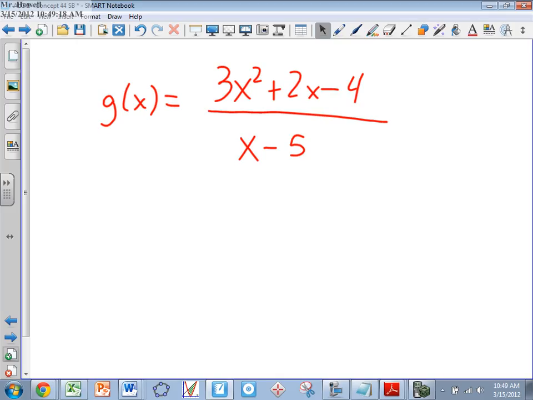Just the first number, 3 or 1. There's only one line to cut. Oh, you have to do the other one.